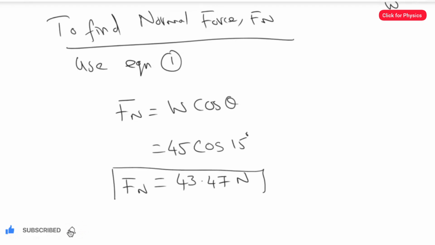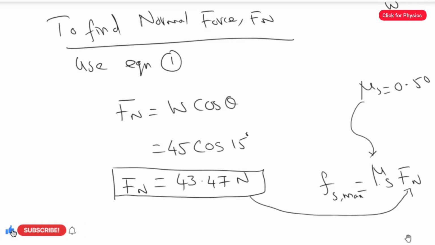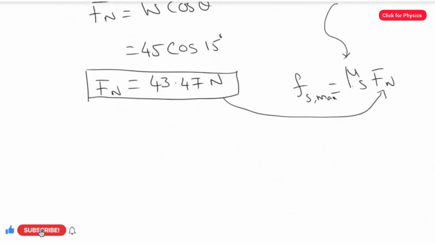After I got the normal force, I have to find the maximum static frictional value. The maximum static friction is given by the rule mu s multiplied by Fn. Fn we already got, and mu s was already given in the question as 0.50. So I substitute the values and easily find the maximum static frictional value.